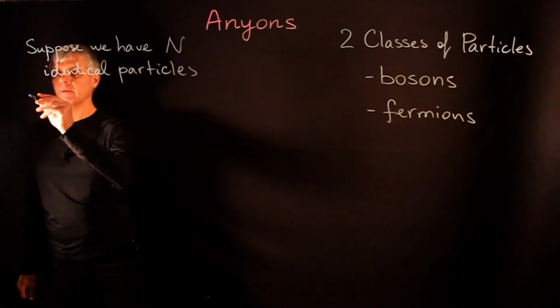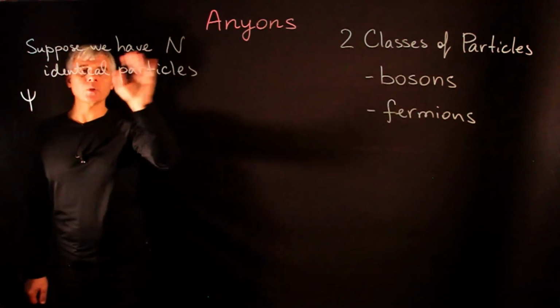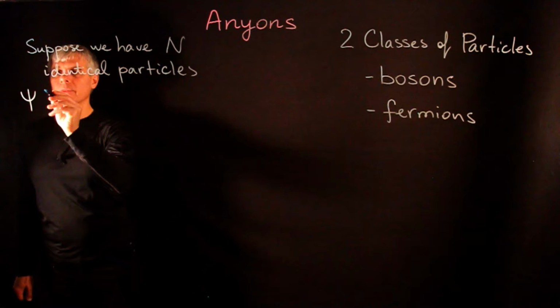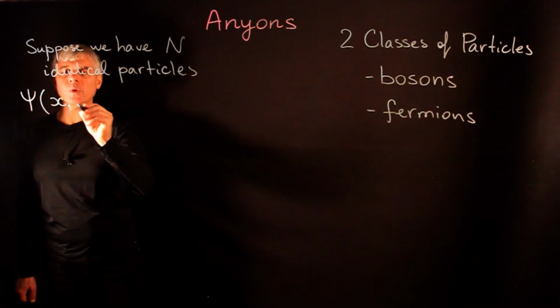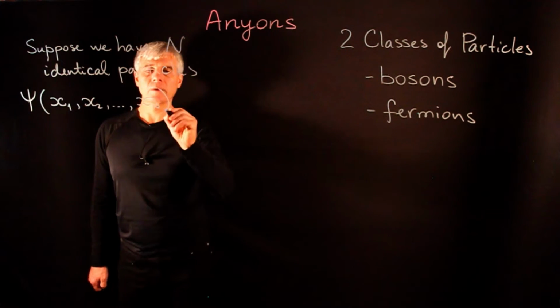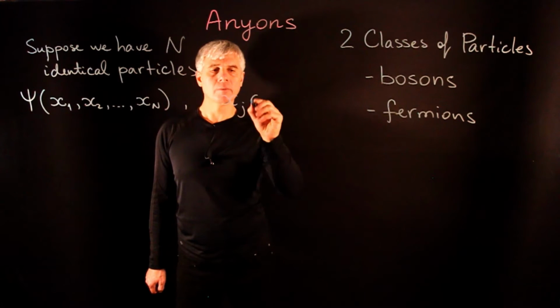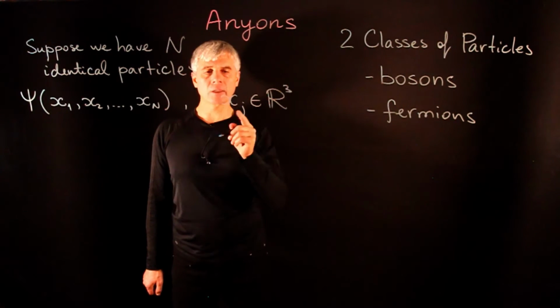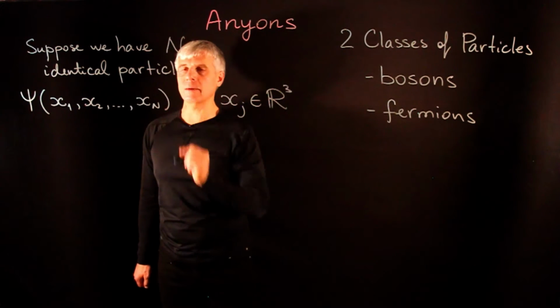So if we ignore all other quantum numbers, then we will have a function of variables x1, x2, ..., xn, where each xj belongs to R3 and controls the position of the jth particle in this ensemble.